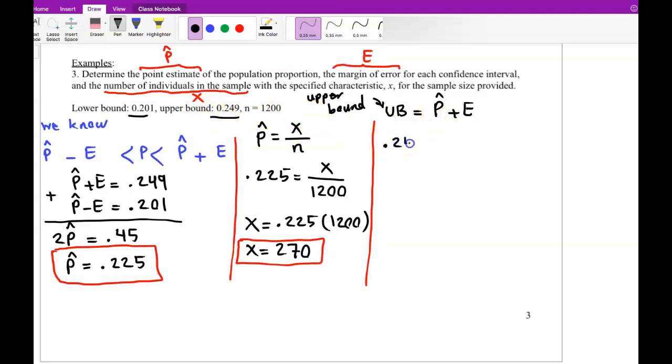So 0.249 equal to, and p hat from this part is 0.225. Now solving for these, so subtract 0.225. So E is equal to 0.024.